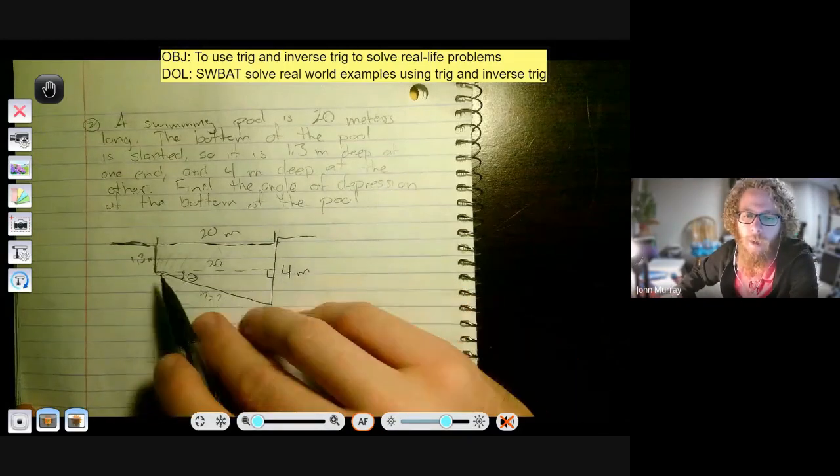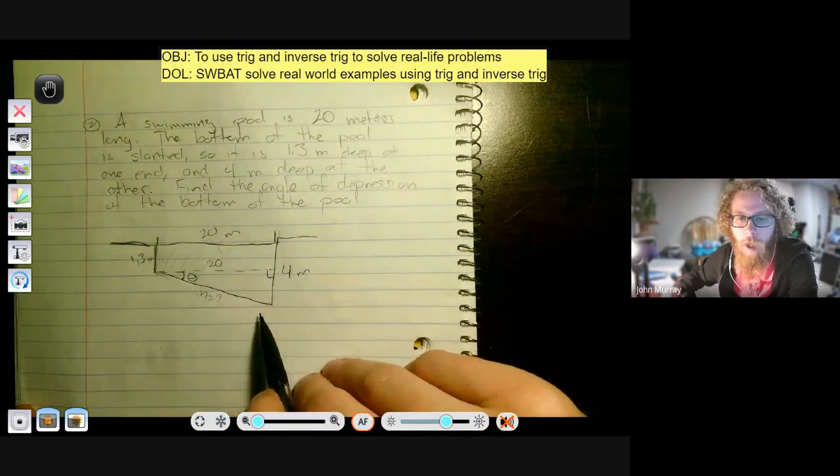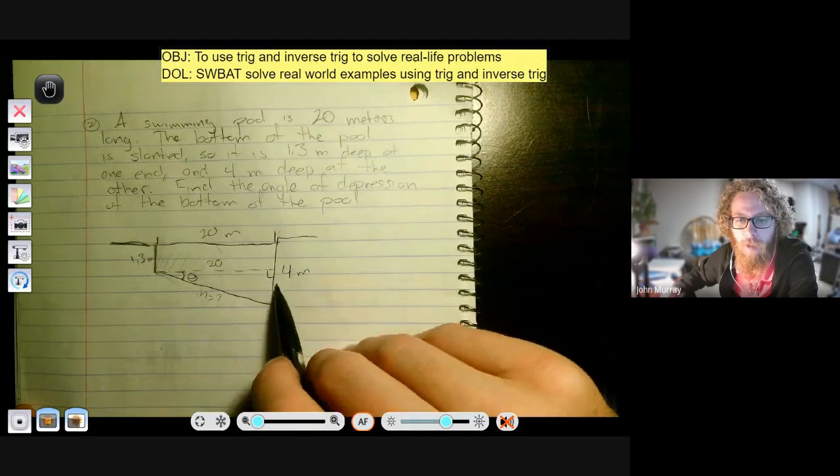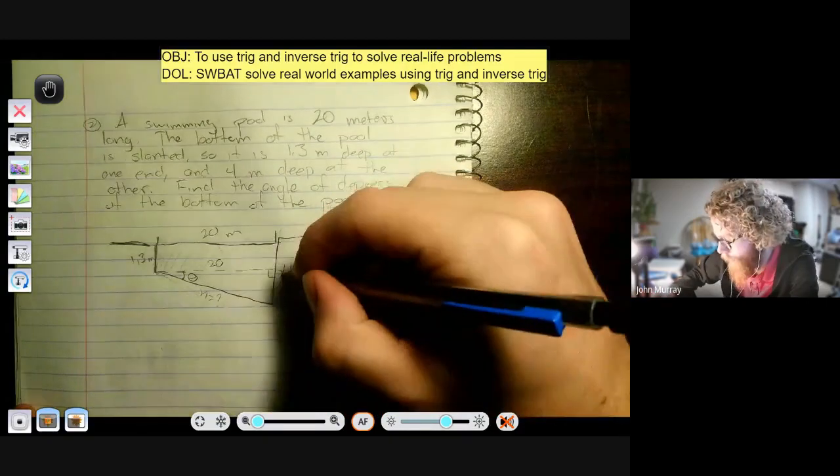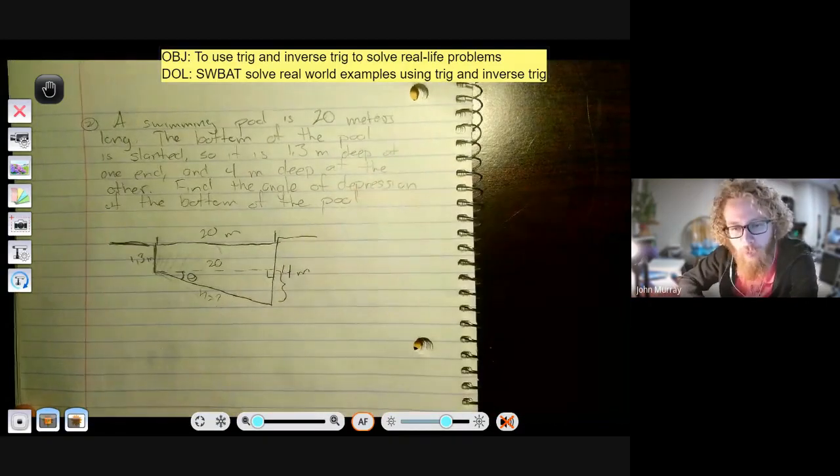So I have the 20 here. I don't have a way of calculating the hypotenuse right now because I'm missing this side. Would this part here be 4 from there to there? Would that be 4 meters? Or how would I calculate that side of the triangle? How could I find that part?